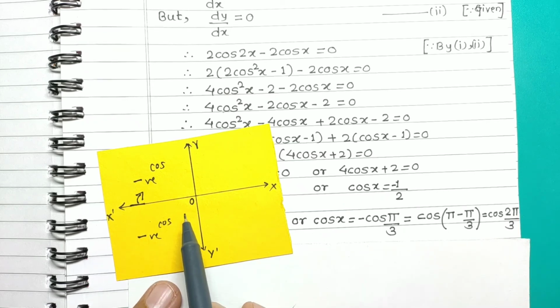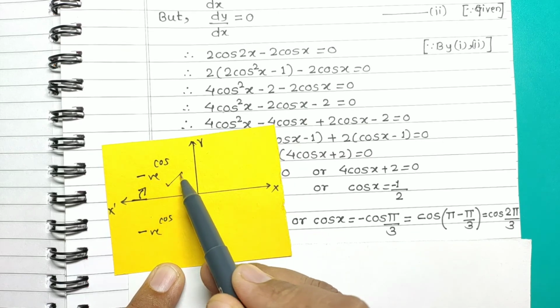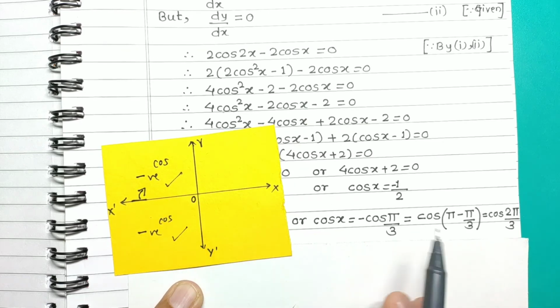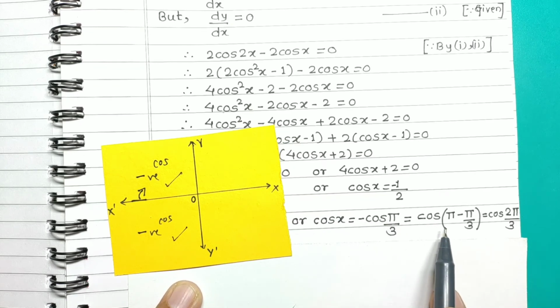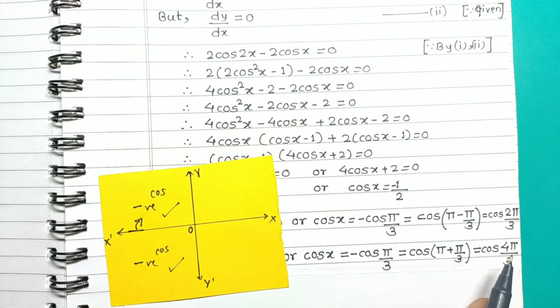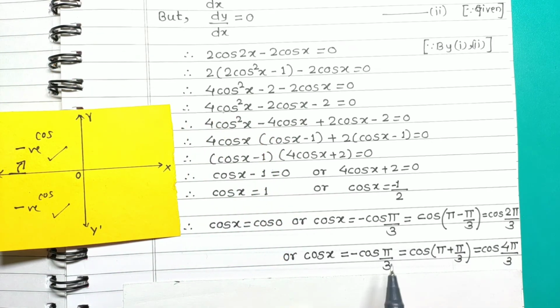Or see, here we have found cos negative in second quadrant. What about third quadrant? So we can write this value as cos of angle in third quadrant also. So here you note that we can write this minus cos pi by 3 from angle in third quadrant also.